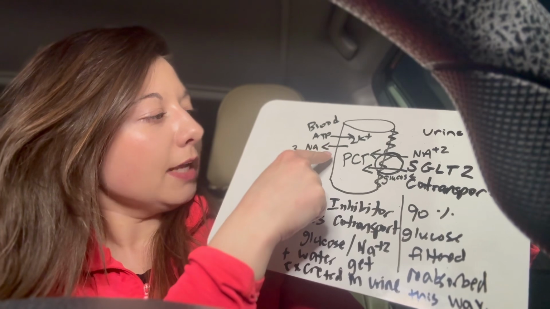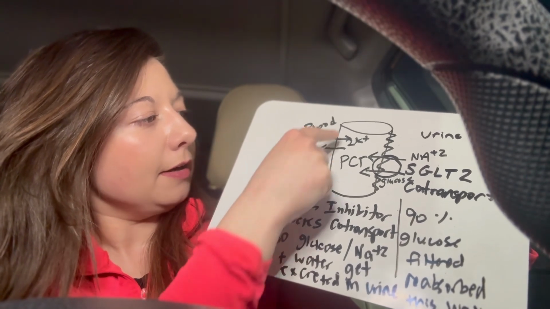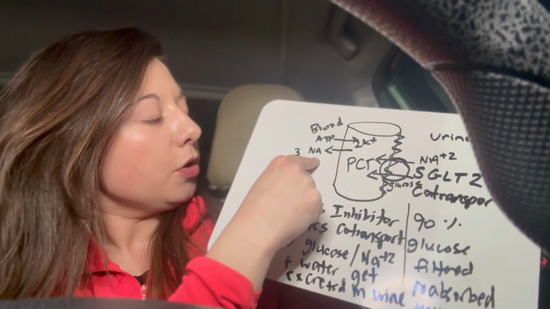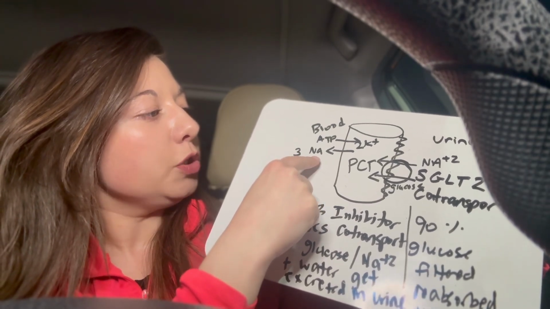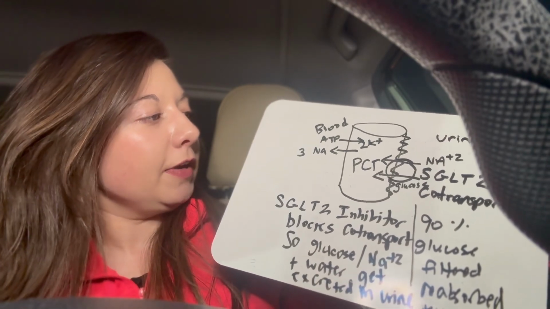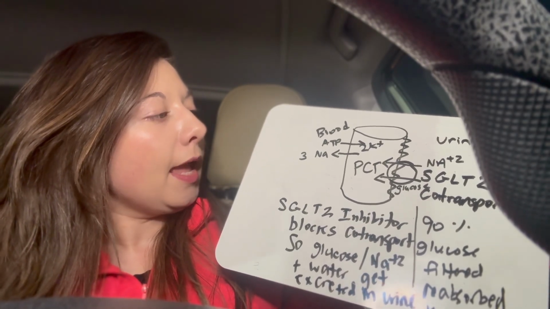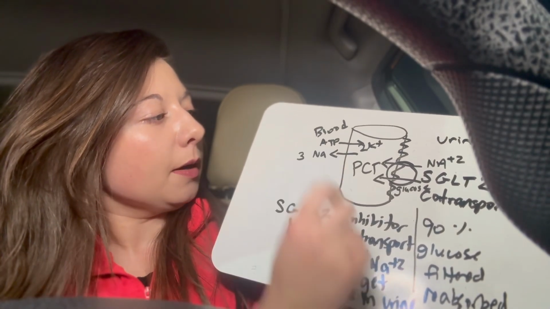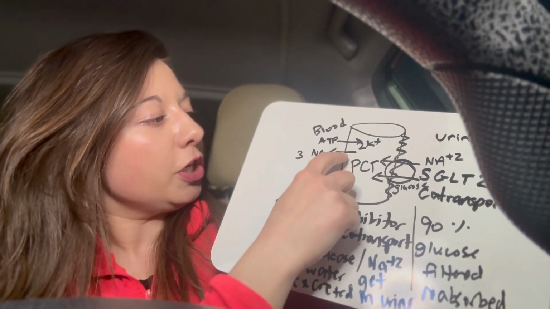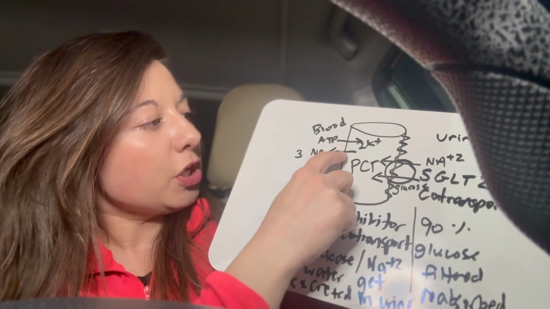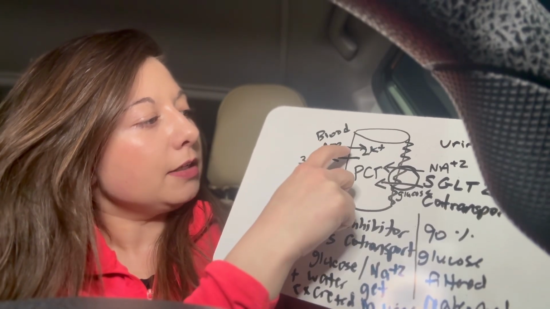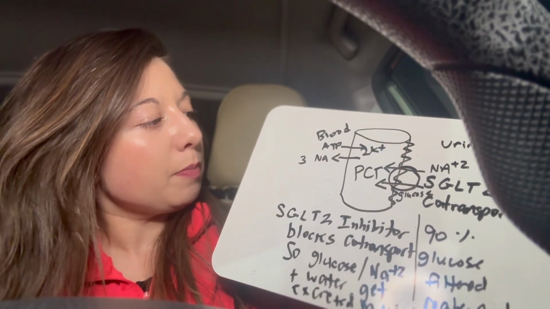So as you can see on this side of the PCT, you have your ATP sodium potassium pump. Now, as you probably know, ATP is adenosine triphosphate. It is a type of energy, and it operates this pump here. So ATP goes in, and because of that energy, you get 3 sodiums pumped out into the blood, out of the cell, and 2 potassiums pumped in.